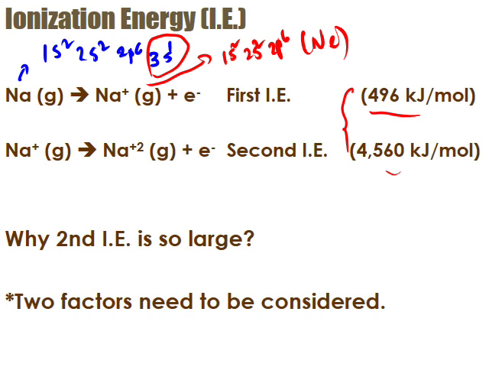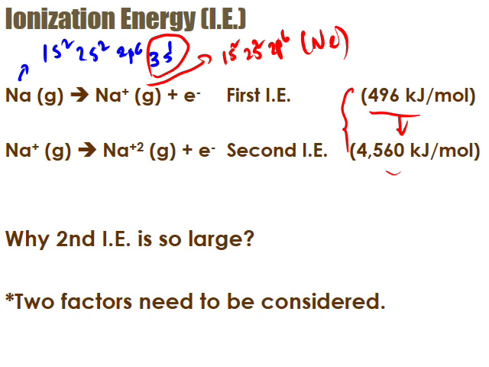In other words, atoms or ions would like to have that. If you try to break that by removing another electron, it's going to resist that, and that's why you need some extra energy. So from first to second there is a normal increase, but beyond that would be whenever you are breaking a noble gas configuration. And that's why there is such a big increase from first to second ionization energy in case of sodium.